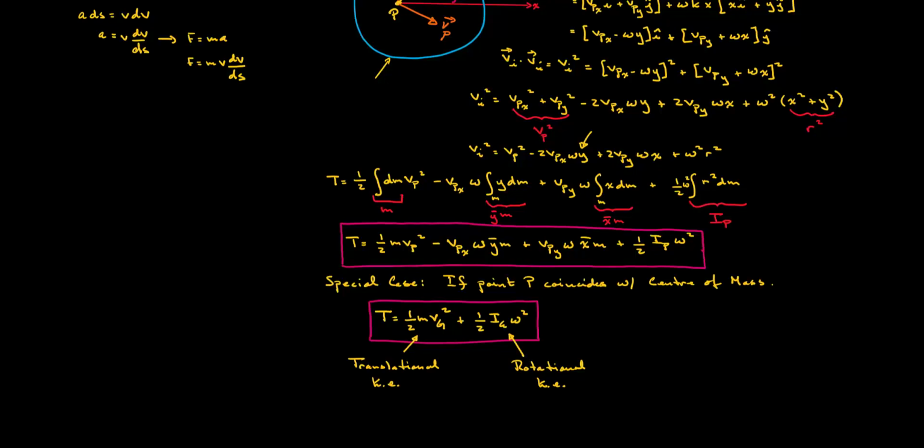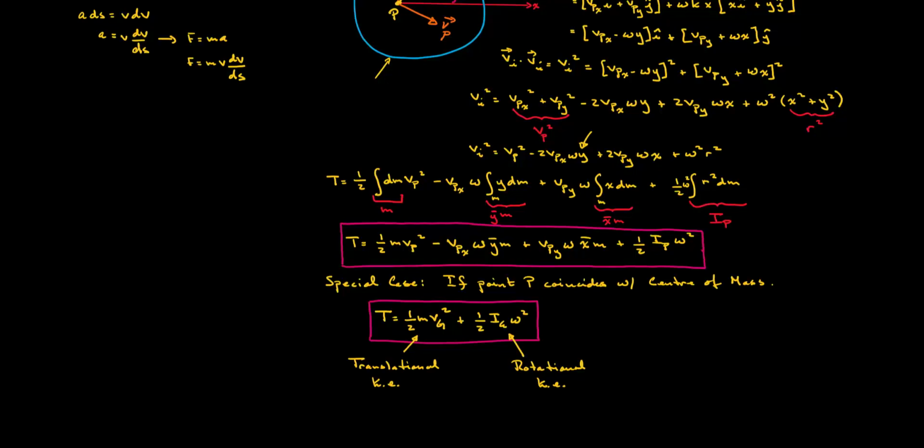For the translational kinetic energy, the kinetic energy is proportional to the mass. Whereas for the rotational term, the kinetic energy is not proportional to the mass, but rather the distribution of the mass. And the measure of the distribution of the mass is what we call the mass moment of inertia, I.